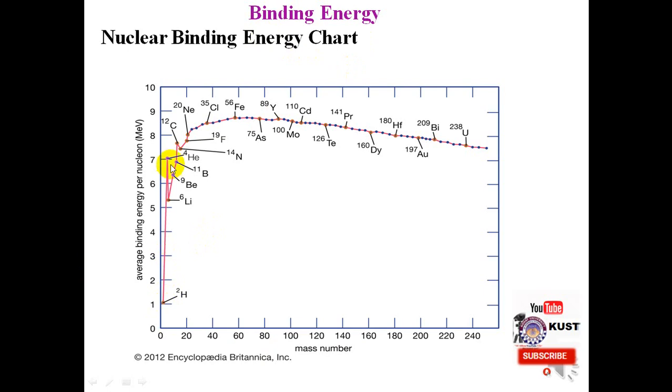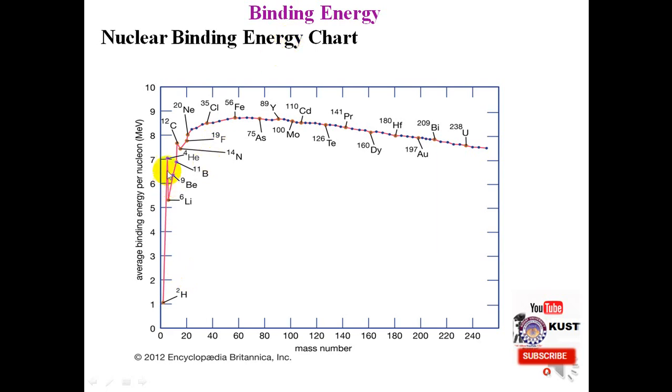The binding energy increases up to iron-56 and then decreases. There is a slight decrease onward, and this is known as the nuclear binding energy chart or nuclear binding energy graph.